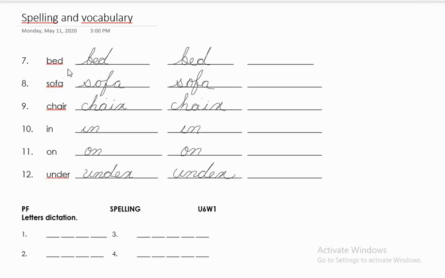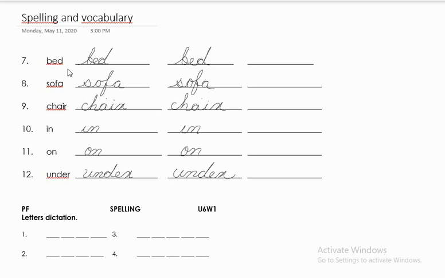Okay, that's it. We have bed, sofa, chair, in, on, and under, okay? Bed means a piece of furniture where you sleep, okay? Sofa is another piece of furniture that we use to sit down, and most of the times it is a comfortable seat, okay? Next we have chair, okay? Chair is a place where we can sit when we are going to have lunch, okay, at the table.